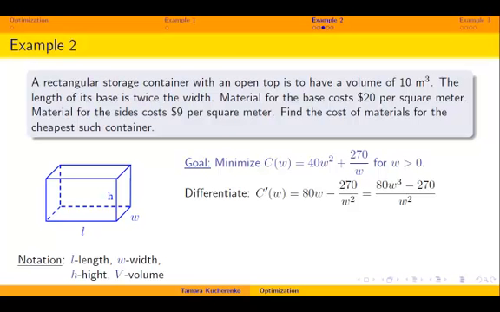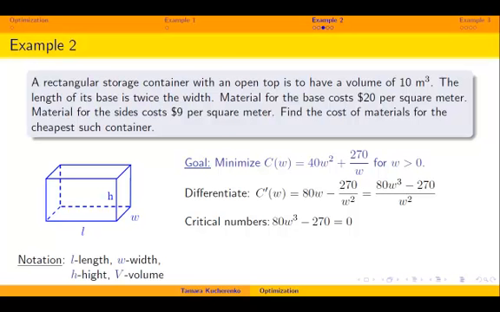Since we are considering only positive values of W, the denominator here is never 0. Therefore, critical numbers are zeros of the numerator. 80W cubed minus 270 equals 0.